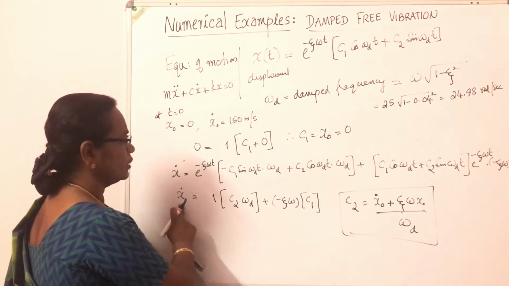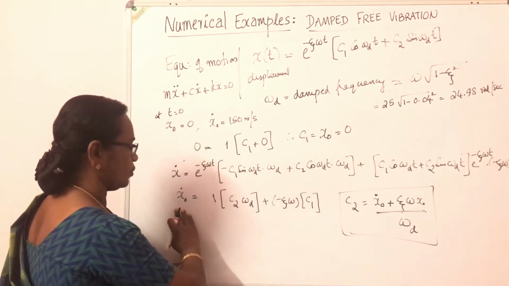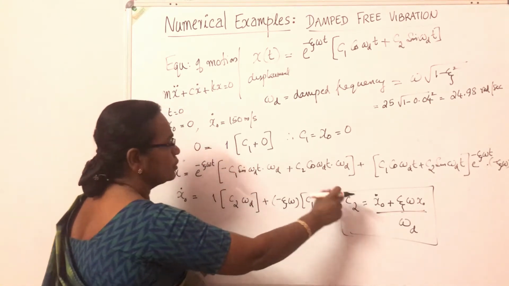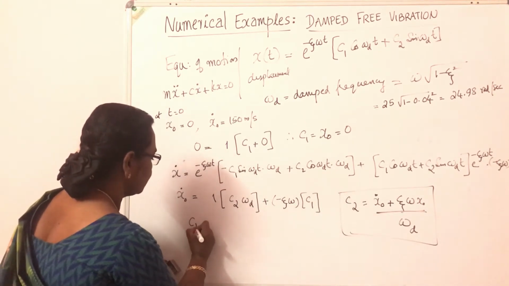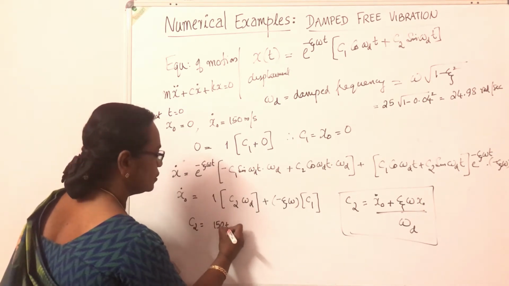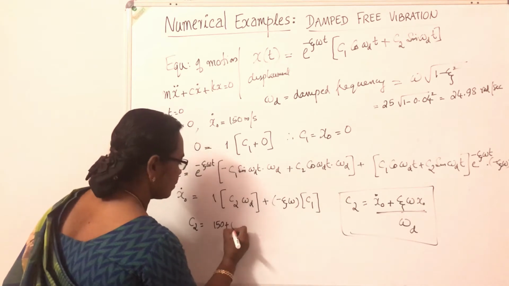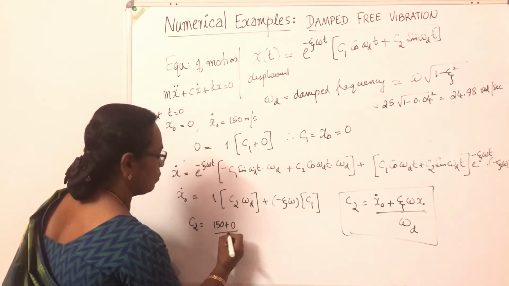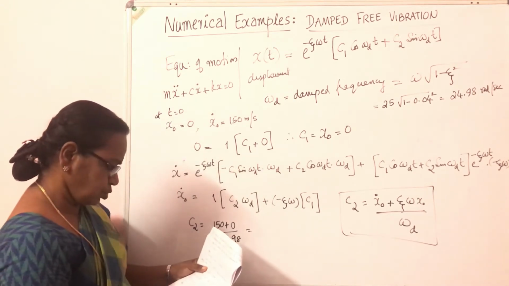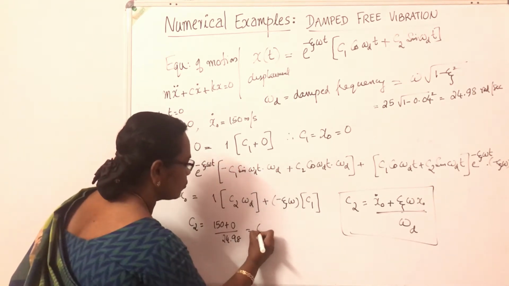So substituting these values, we will get C2 is equal to 150, since x0 is 0, divided by omega d, 24.98, which works out to 6.005.